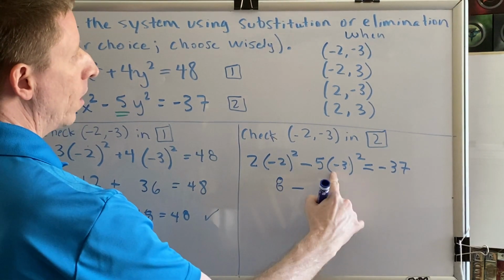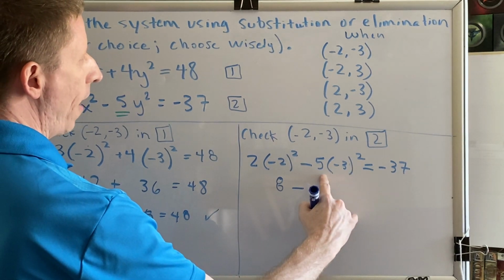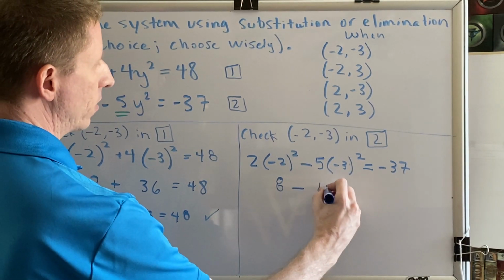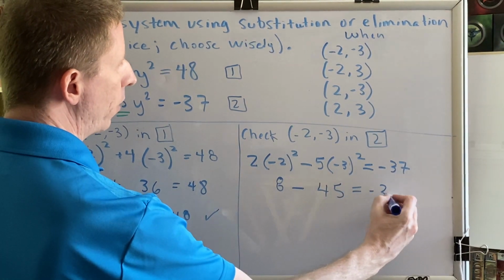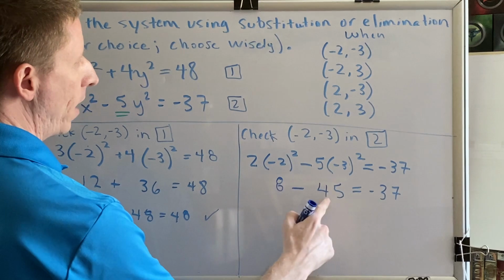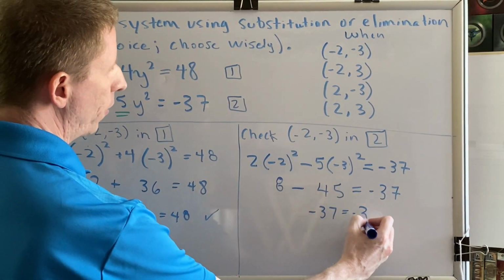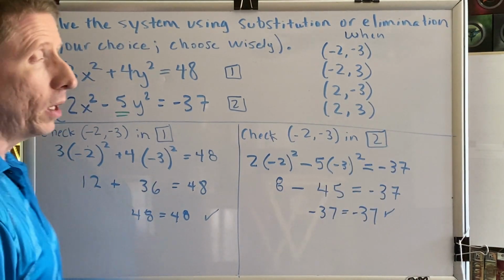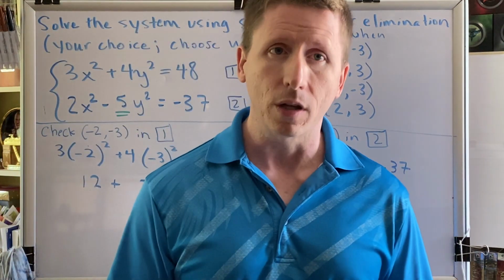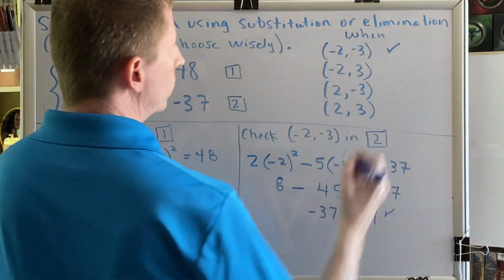Subtract. (-3) squared is 9, times the 5 is 45. We're still using the subtraction sign. So 8 minus 45 equals -37. 8 minus 45 is -37, so we get -37 equals -37, and it checks. Because our point satisfied both equations, we keep it. We know it is a valid answer, and I'll put a check mark here.